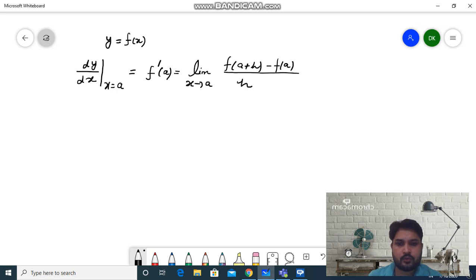If this limit exists, then it will be equal to some value, we call it f dash a, and this f dash a denotes the slope of the tangent line at point x equal to a.